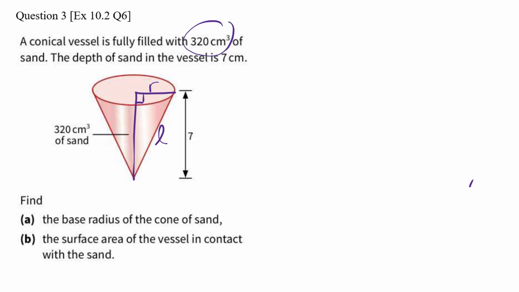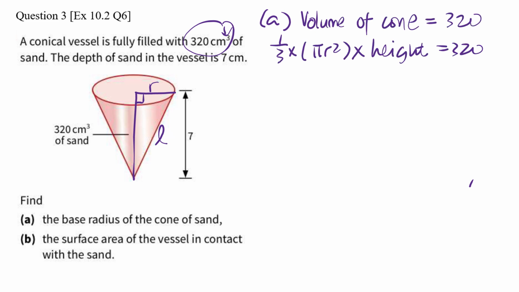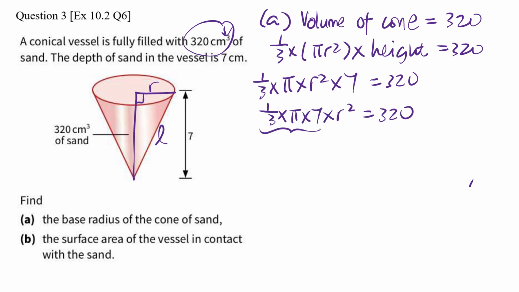All right, so how do you know 320 is the volume? If you look at the unit, it's cm cube. You look at the cube there, it refers to volume. So the volume of the cone will be 1/3 times pi r squared times height. Since we don't know the radius, we can rearrange the 1/3 pi and 7 so that you can use a calculator to evaluate it to be 7.330 times r squared equals 320.